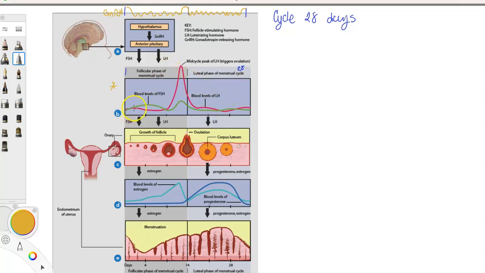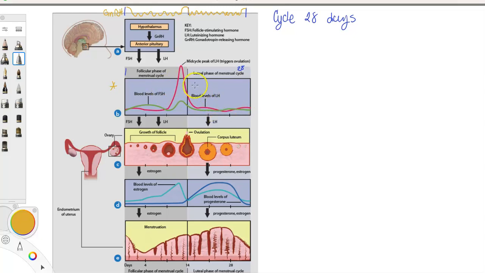LH is about the same, about level there, and then it has this huge peak about the same time as the peak of FSH. A huge peak, and then down, and then kind of stable again.